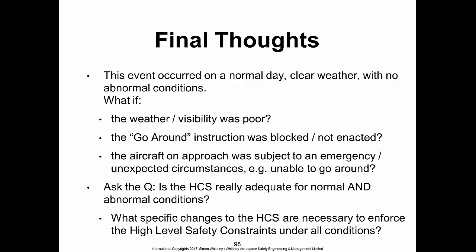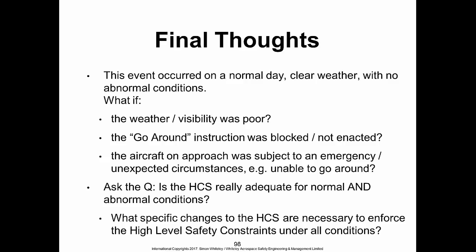And what about the aircraft on approach if it was subject to an emergency or unexpected circumstances? Or what if they were not able to go around for whatever reason? I mean, the aircraft, I think it was a 777 that piled in at Heathrow with frozen fuel. That's an interesting circumstance. So it's important to ask the question, is the control structure really adequate for normal and abnormal conditions?